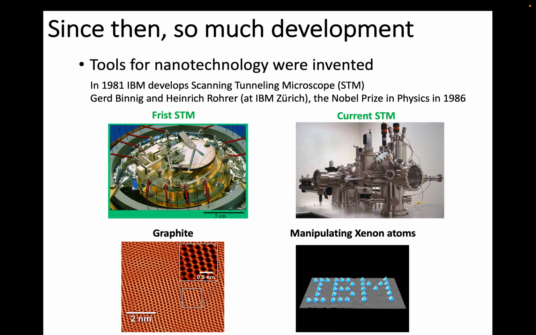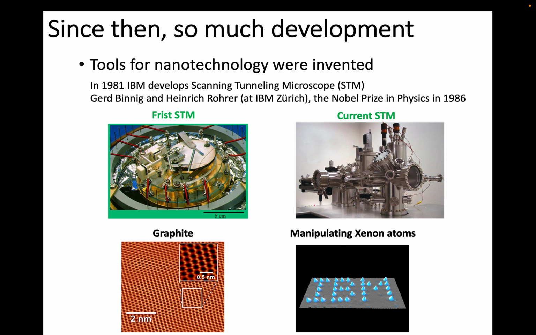This might be absurd, right? Because the electron cannot pass through an insulating layer, that is what we know at the bulk scale. But if we bring the tip to the surface at a very close distance, for example 1 nanometer, then electrons can tunnel through it.